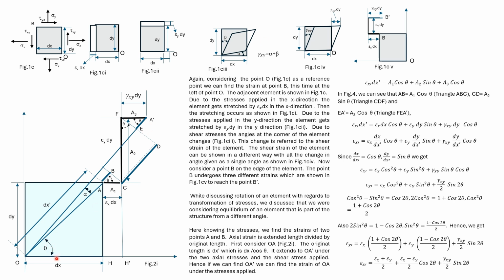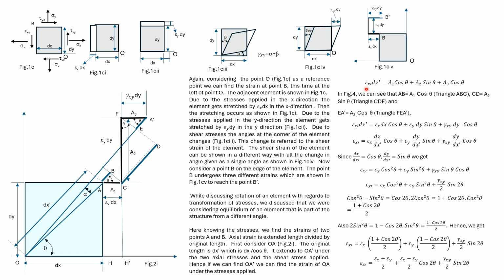This angle is taken as theta. So BAC is also theta. BCF is theta. So FCB is 90 minus theta, which means CFD is theta. Also FA dash E is theta. These three lengths in black are A1, A2 and A3.